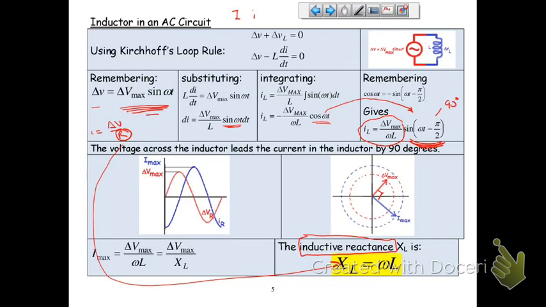So there was a phase delay for the current, and there's a ratio between your maximum current and your maximum voltage, and you can get that by having this inductive reactance, omega L. And then you can use Ohm's law. V equals IR, V equals I times XL. It kind of works the same way.